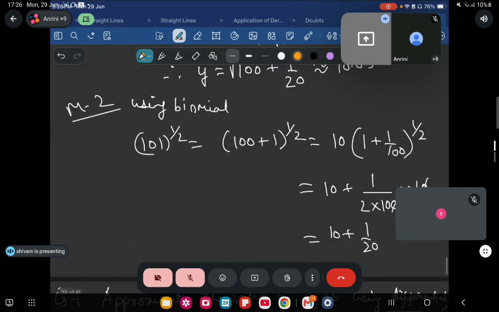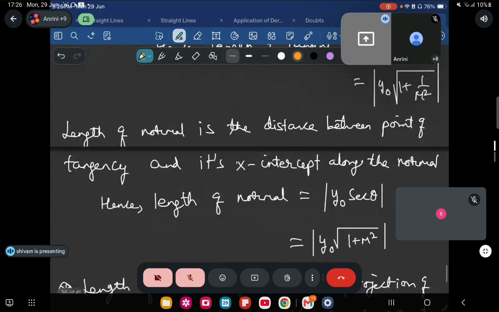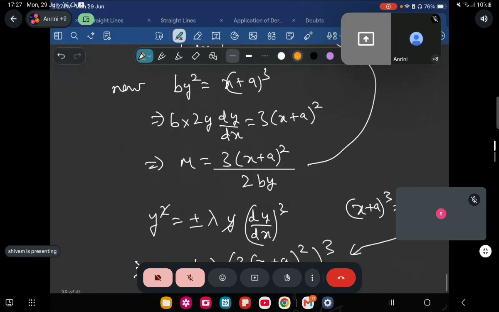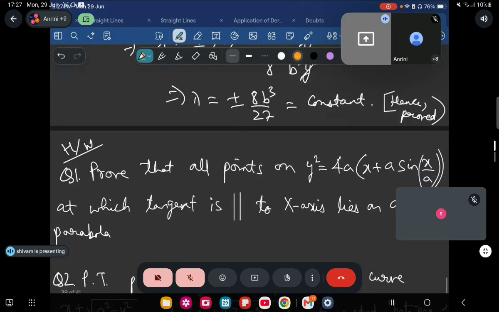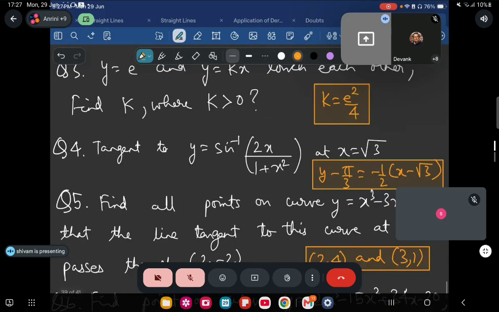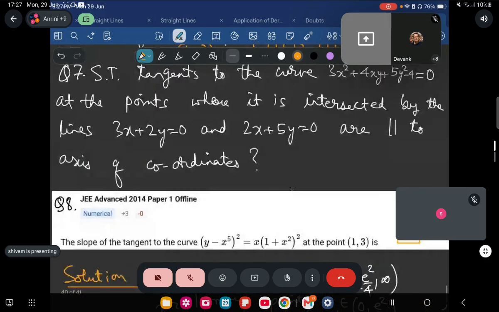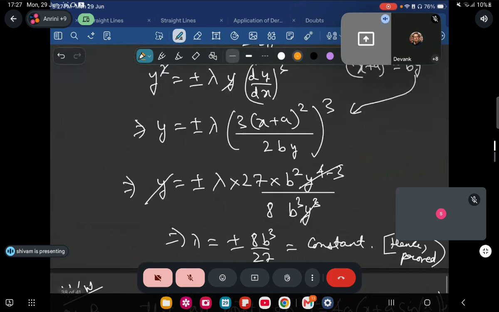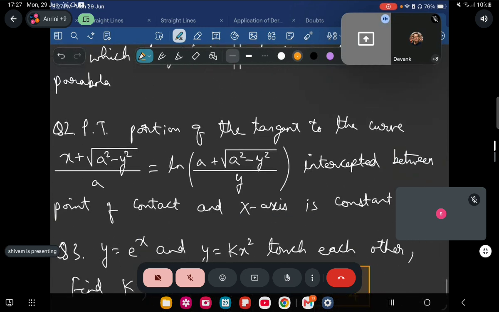Did I explain the Newton-Leibniz theorem? Tell me, everyone. Newton-Leibniz, have I explained? Yes, sir, it was done. And there was a hemispherical bowl problem, that we did, right?